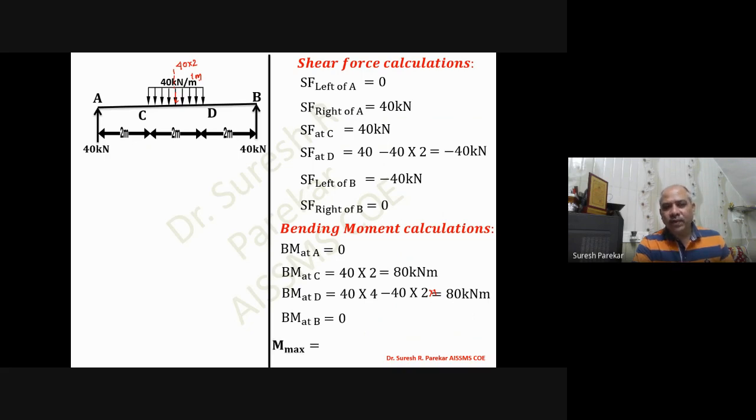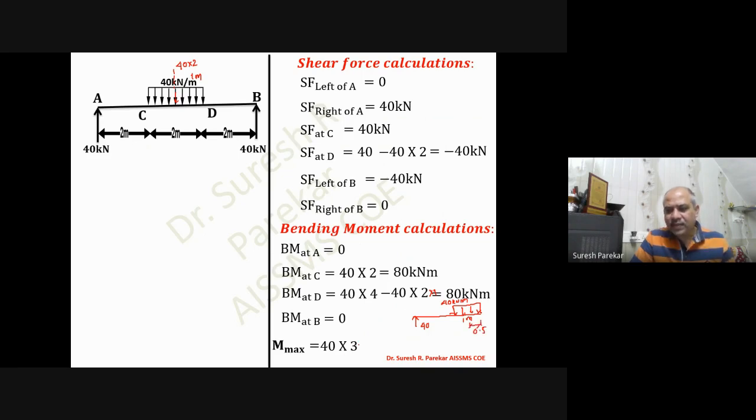Now the maximum bending moment we have at the center, and then we have 40 into 3 due to this. We have to consider the portion only up to 3 meters because it is symmetrical, so the maximum value will be at the center. Then this load is 40 kilonewton per meter over 1 meter, and it acts at the center point, 0.5.